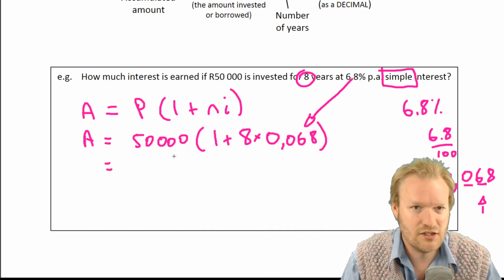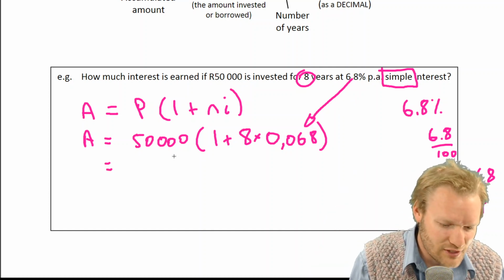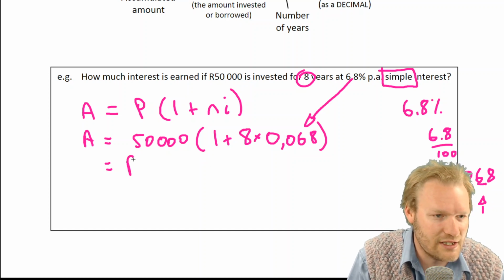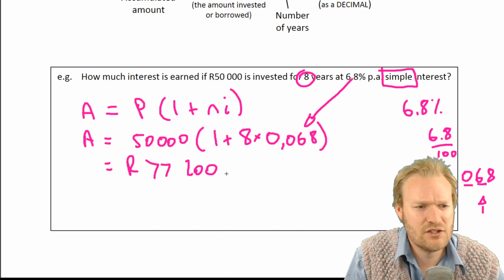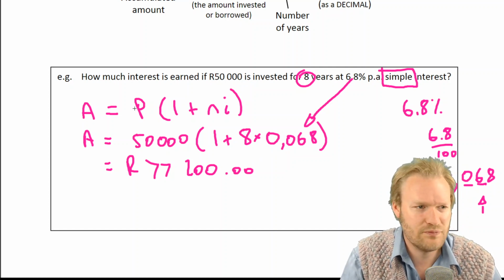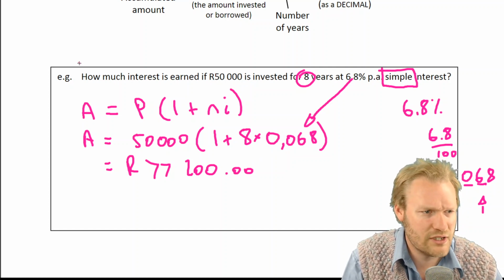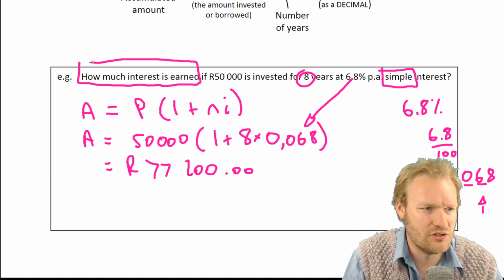So we take that, we punch it into our calculator, and we get 77,200. But we haven't actually answered the question fully. The question says how much interest is earned.